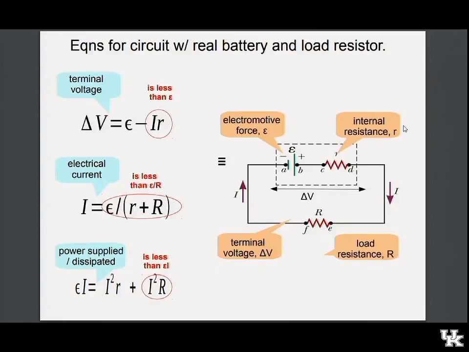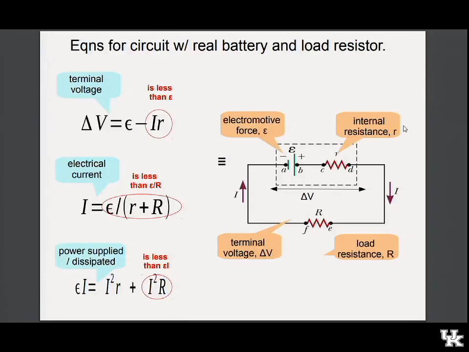So this is a little bit of Ohm's law. The current through this resistor times the resistance of the internal resistor is some voltage. That's the voltage drop across the internal resistance. And we subtract that from the EMF that the battery supplies to get the terminal voltage of the battery.